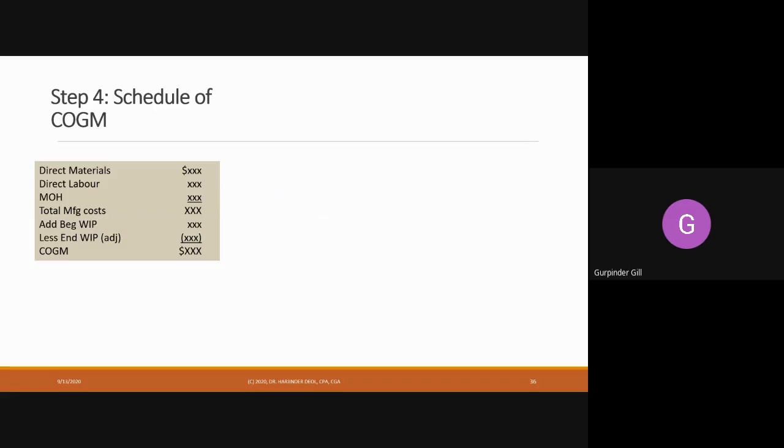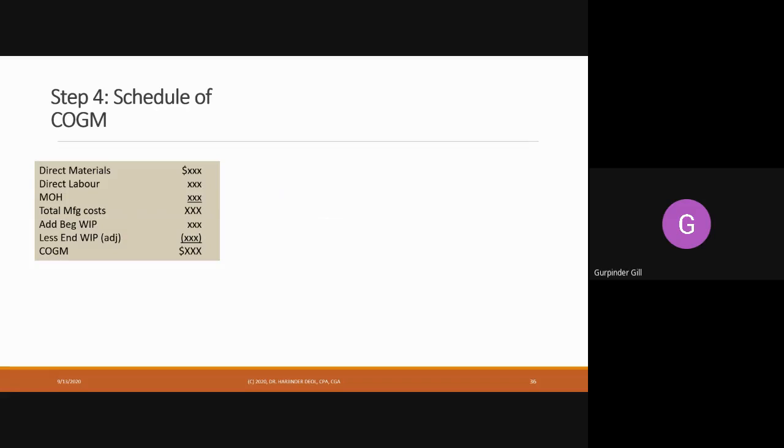Out of that total manufacturing cost, if we add the beginning work in process inventory and deduct our ending work in process inventory, which is the adjusted total coming from your work in process T account that we were talking about, that gives us our cost of goods manufactured.